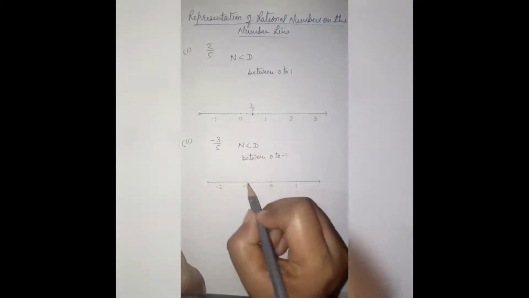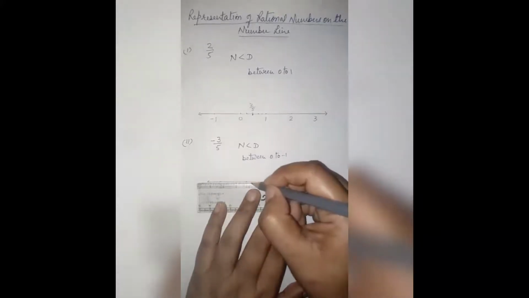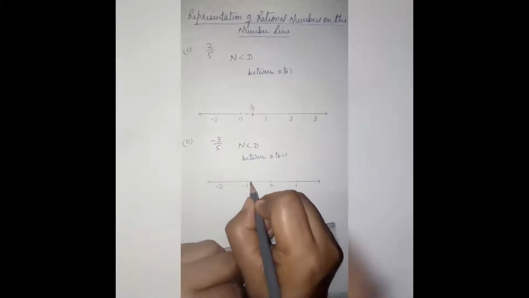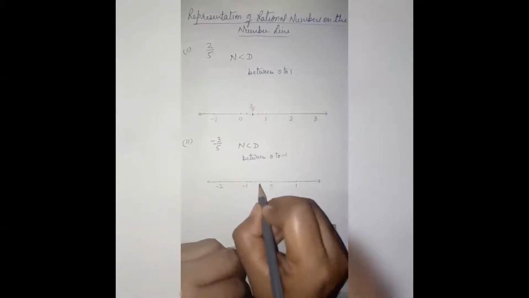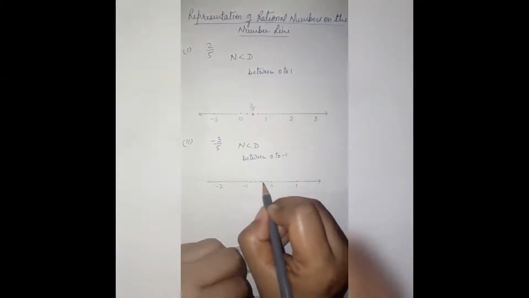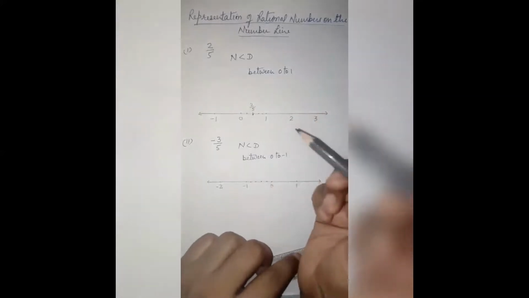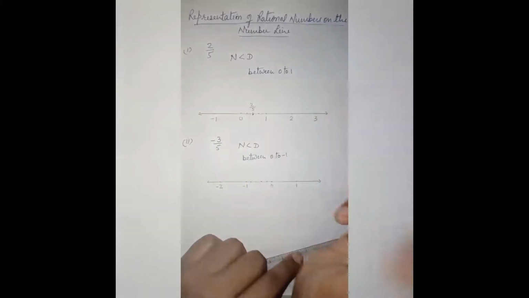Okay. So, we will divide 0 to minus 1 into 5 equal parts. First part, then second, third, fourth, and fifth. Afterwards you are interested in the third part.